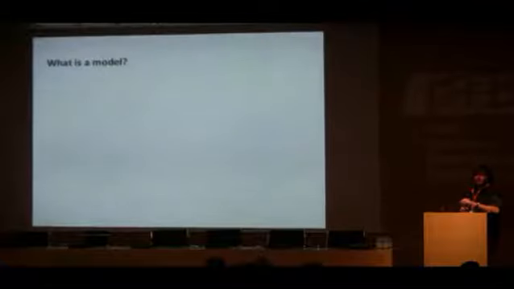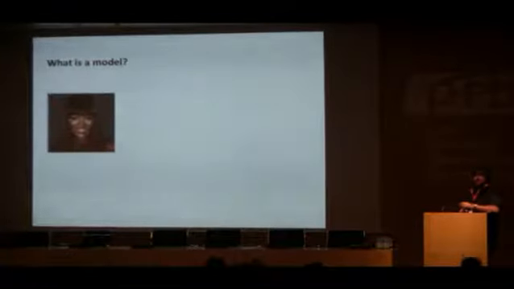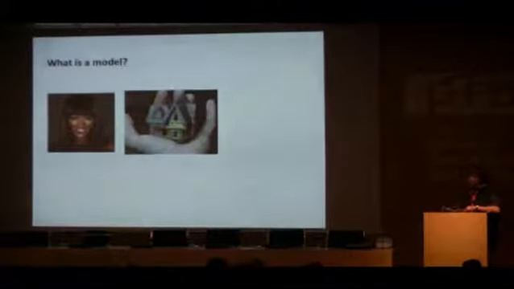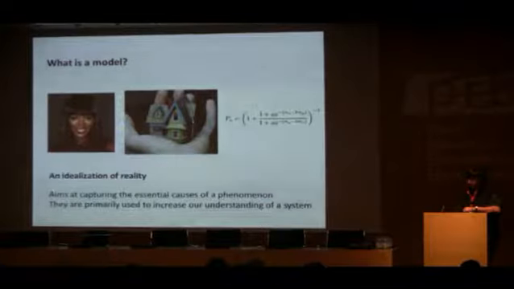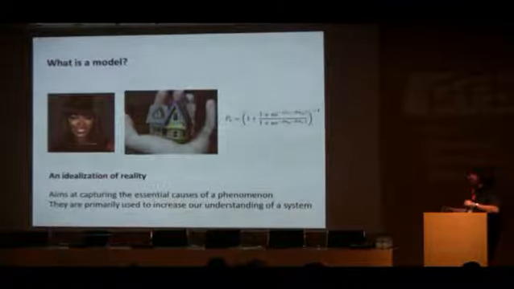So I'm quite far from the Henry Markram attitude to modeling, so let me clarify for me what is a model, at least for this talk. Naomi Campbell is a model. Also, this little house is a model of a house. And also we have mathematical models, and what they have in common is that the three of them are idealizations of reality.